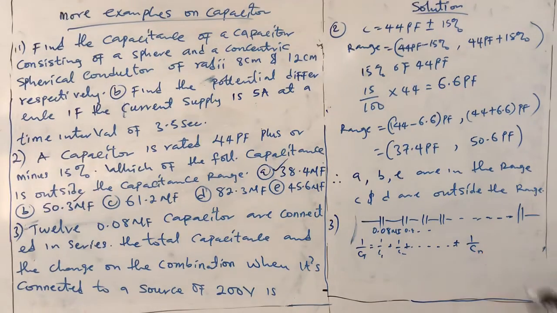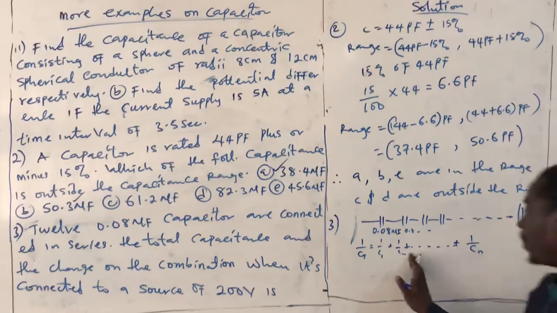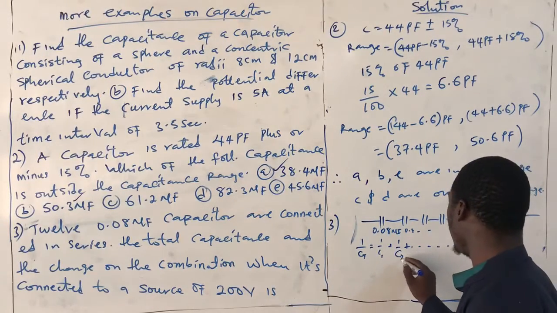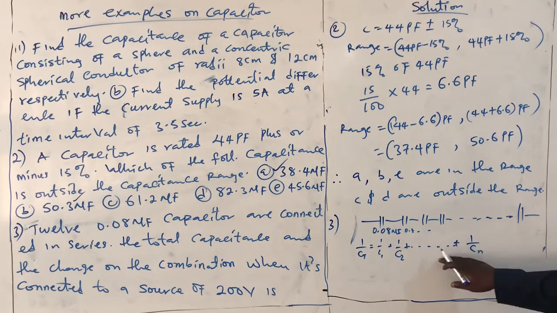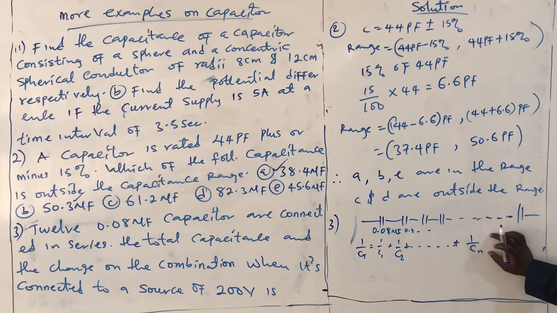This is the general formula to find the capacitance if we have many capacitances that are in series with each other. Let's assume we do not know the number of capacitances. Let's say we have an unlimited number of capacitances combined in series. So we are going to have this.